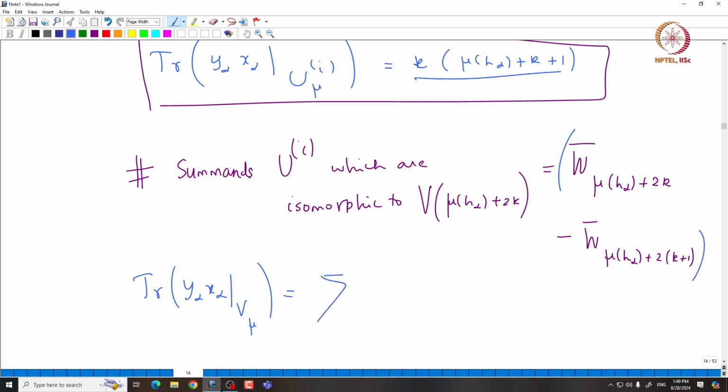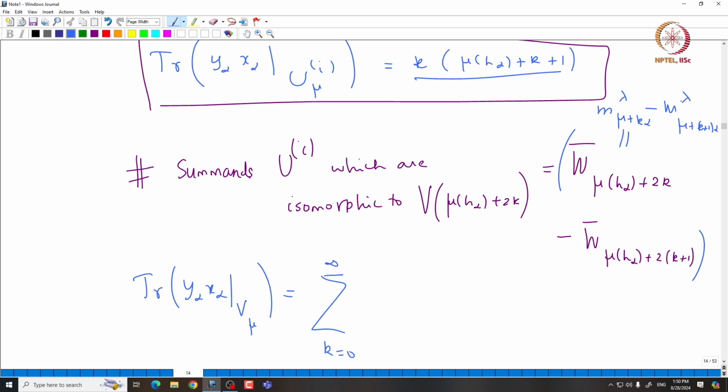So, this is exactly the summation over k from 0 to infinity of the multiplicity of these summands, which is again given by the multiplicity of mu plus k alpha inside V of lambda minus the multiplicity of mu plus k plus 1 alpha inside V lambda.